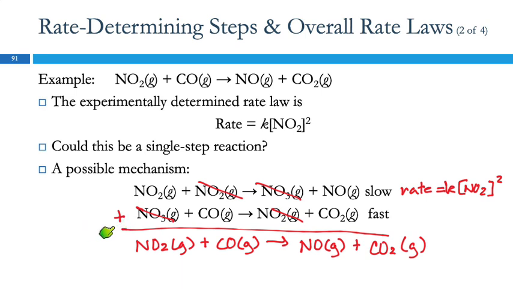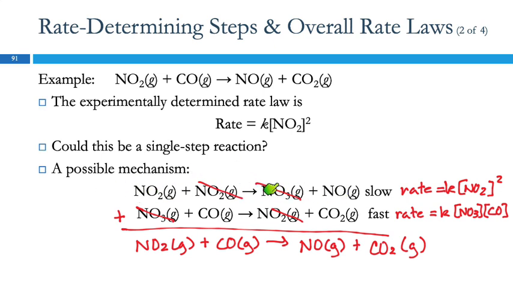The rate law for the second fast reaction, elementary step, could also be written, and that would be NO3 times CO. The rate determining step is the slow one, because this is what's slowing everything down.